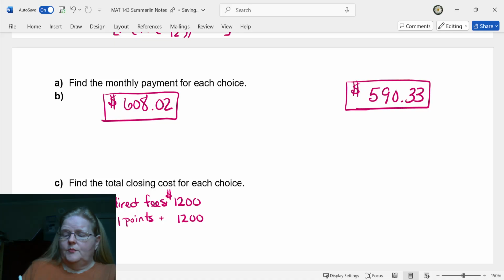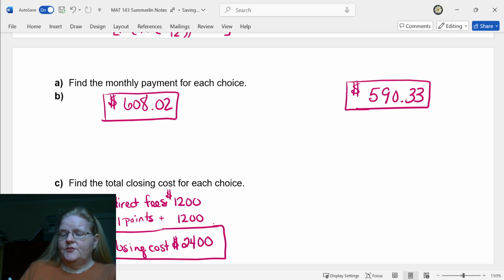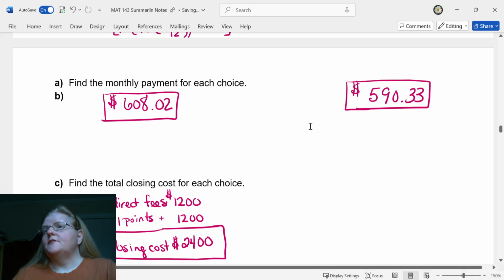And that ended up being $1,200, which means we had a total closing cost of $2,400.